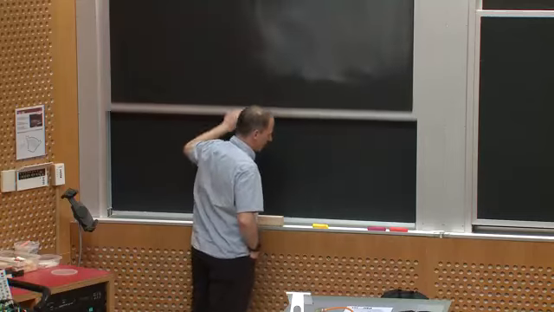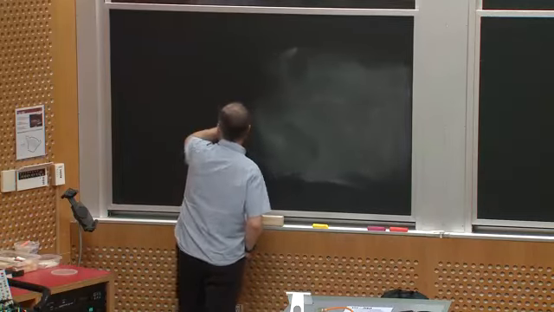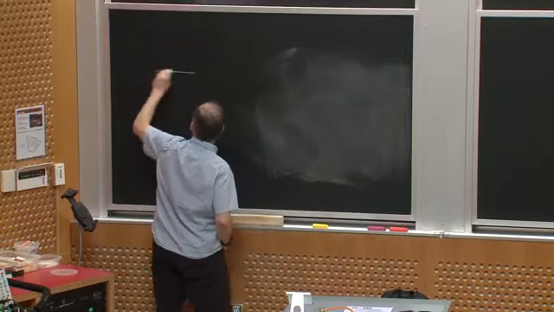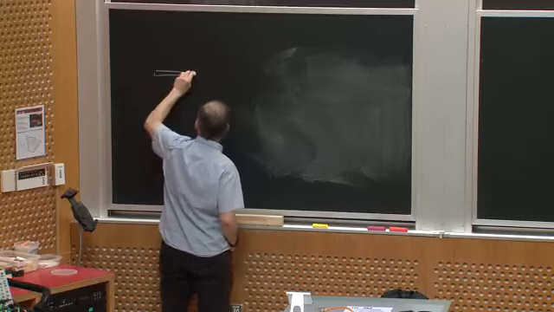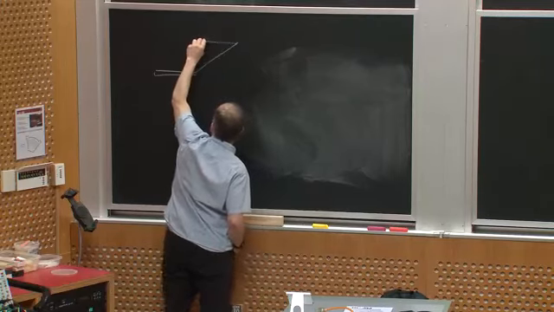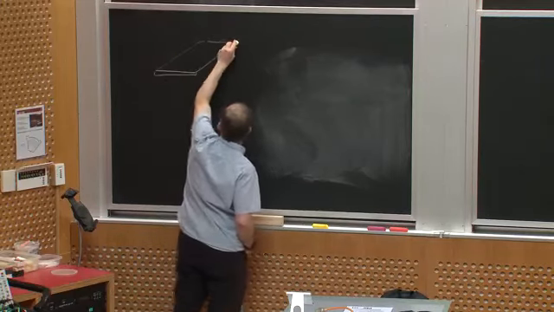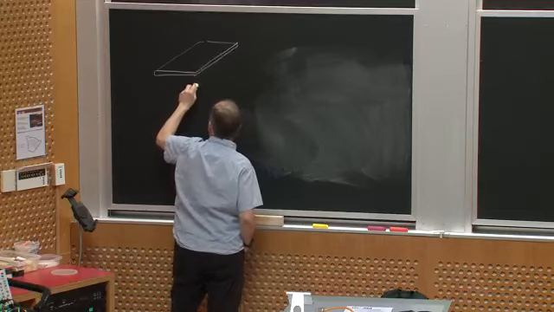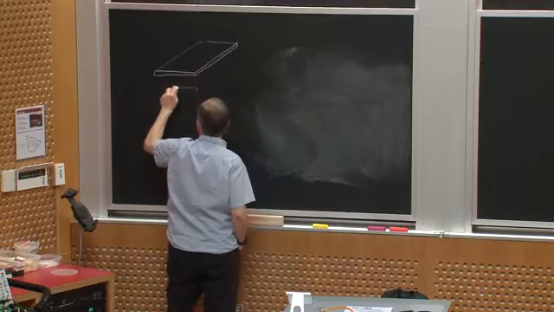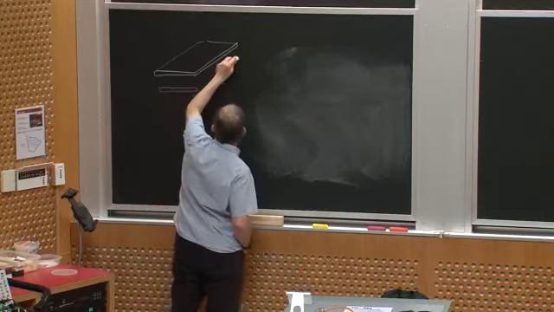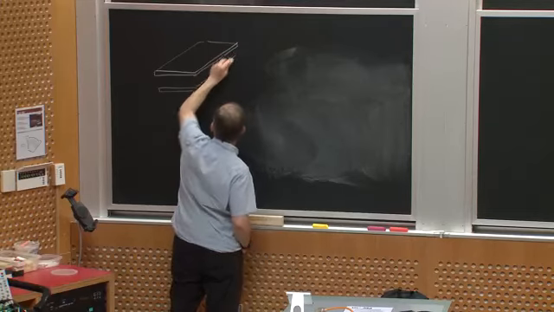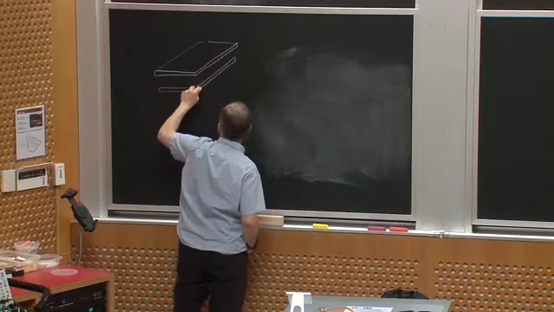Suppose I have two traces. Here's the first trace, and I'm going to carry current down it. And then I'm going to return the current somewhere else, so let me return it in a trace that's right underneath it, like this.